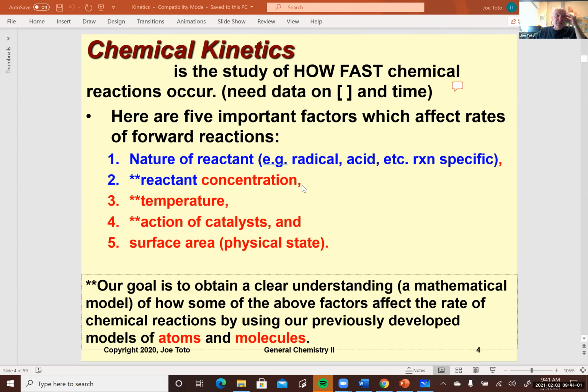If we can mathematically model these three criteria, this will give us a good understanding of kinetics, and it will also give us a good understanding of how to use mathematical models along with those concepts to get a deeper and richer understanding of what's going on. Now, surface area, we just mentioned physical state, and we're not going to mathematically model that at all.